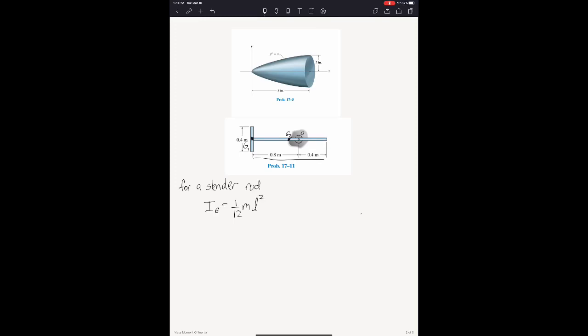So for rod 1, that's this one here. The moment of inertia about G1 is equal to 1/12 times the mass, which is 1 kilogram, times the length, which is 0.4 meters squared, which, don't I wish I had a calculator here.